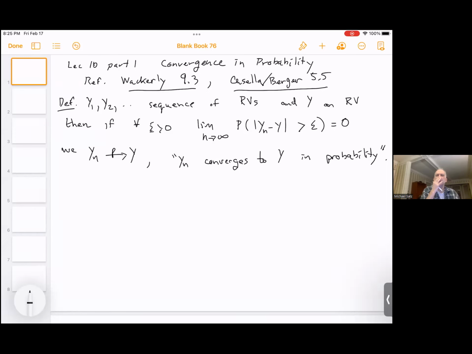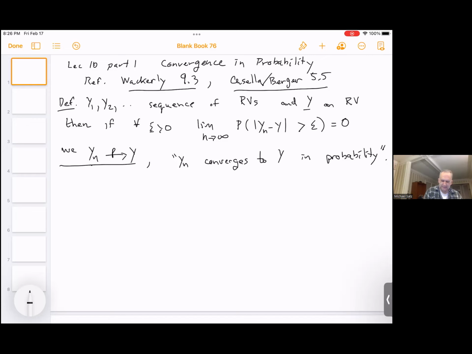Okay, so suppose we have a sequence of random variables and another random variable Y. The definition of convergence in probability, we write Yn arrow Y with a little p up here.